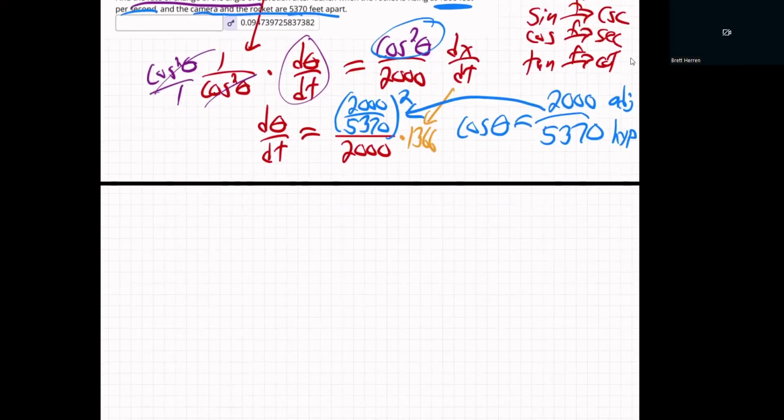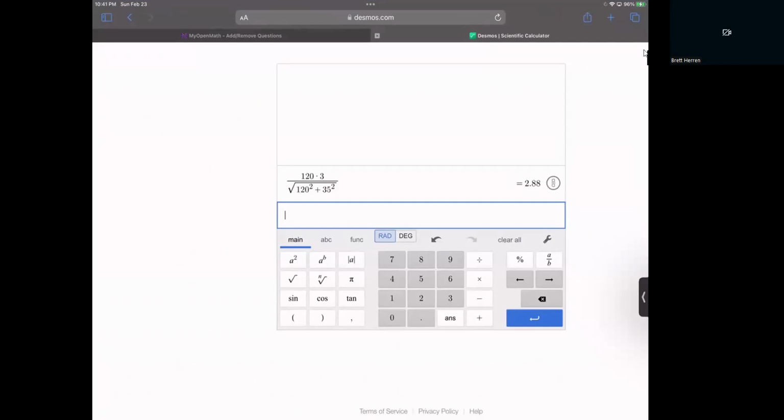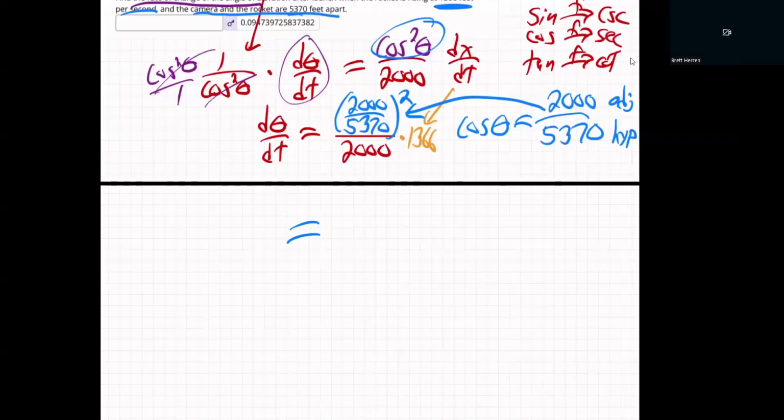I think it's Desmos time. Let's go to it. 2000 over 5370 squared. Wait, where's the square? I forgot so quick. Oh yeah, the whole thing is squared. All right, that's too bad.